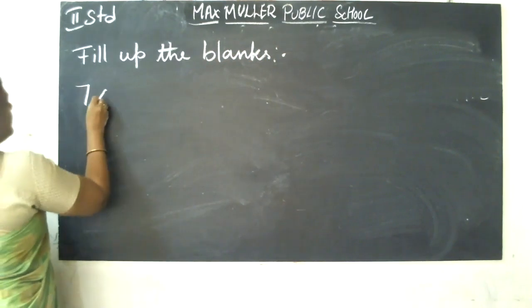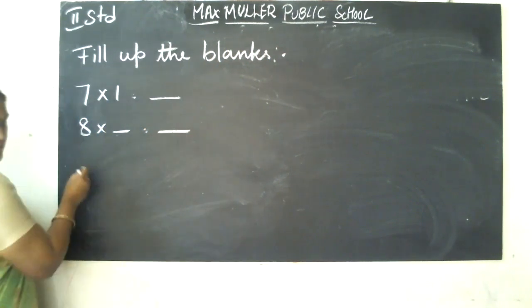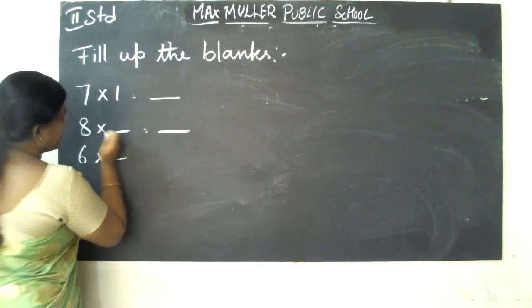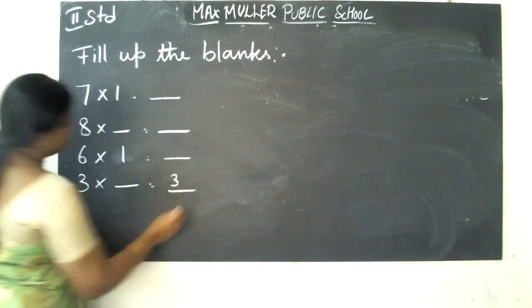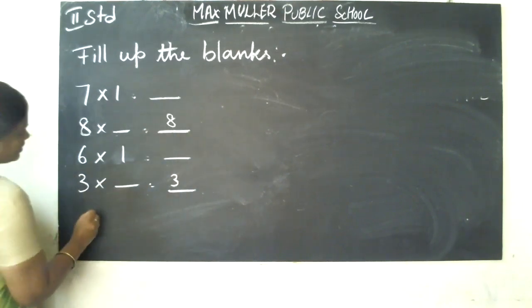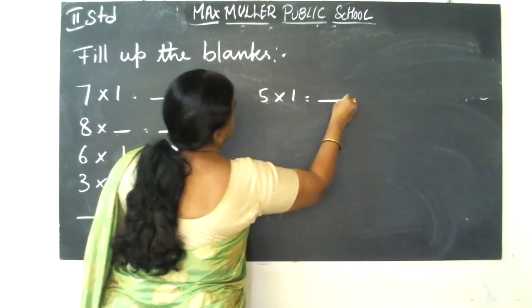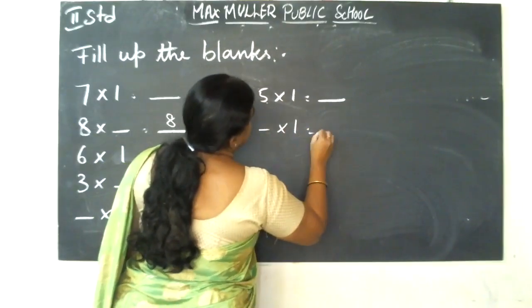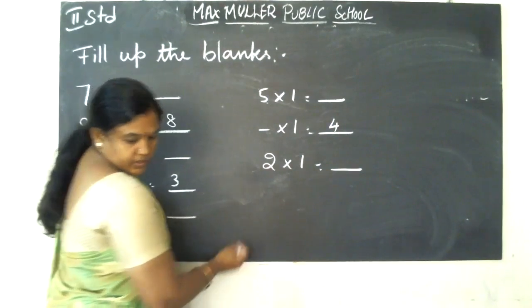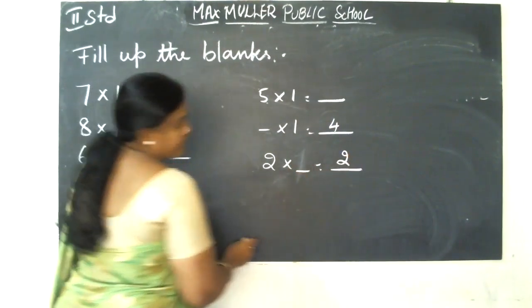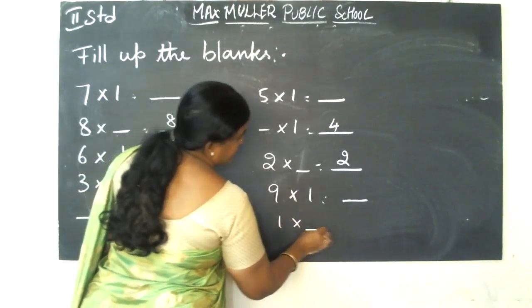Now here 7 into 1 dash, 8 into dash, 6 into dash, 3 into dash equals 3, and 8. 5 into 1 is equal to dash. 4 into dash is equal to 4. 2 into dash is equal to dash. 1 into dash is equal to 1.